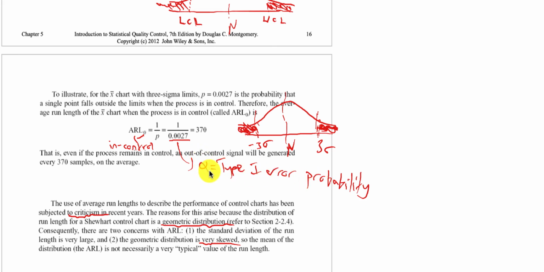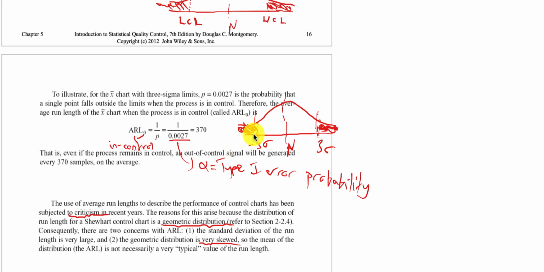You can remember those things from your statistics course. If you are not familiar with what I'm talking about right now, alpha, type 1 error, please check the statistics lecture notes.